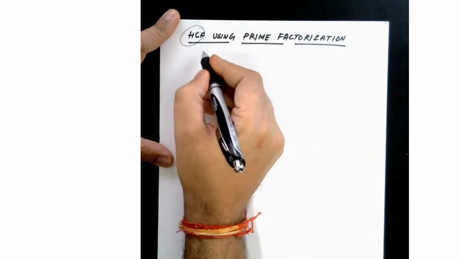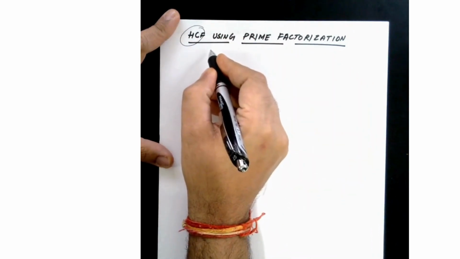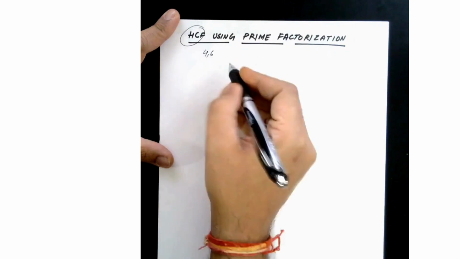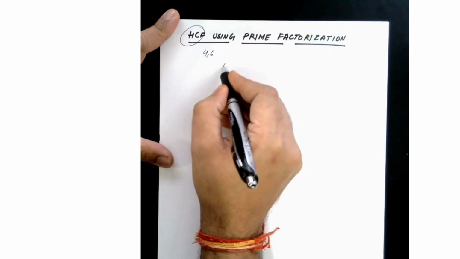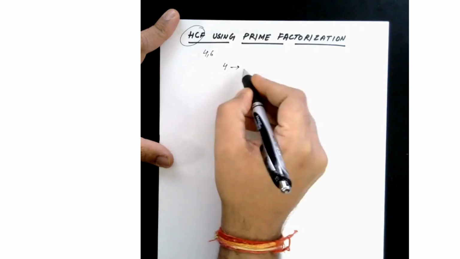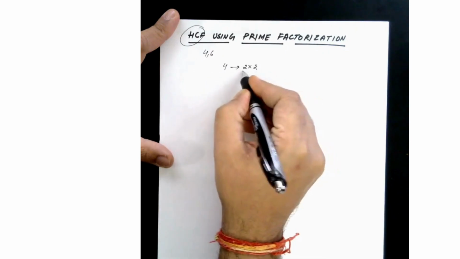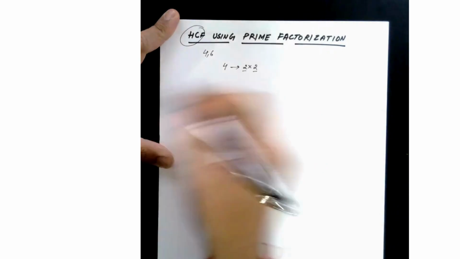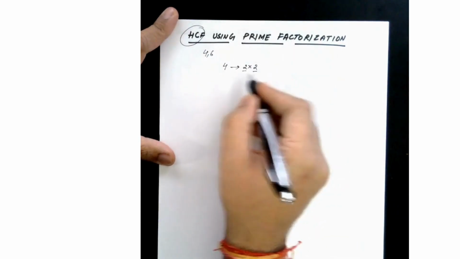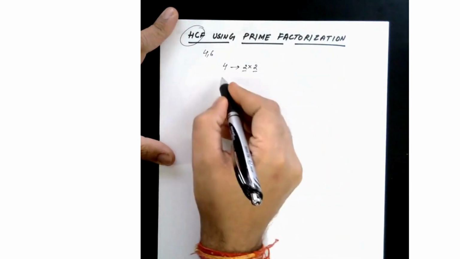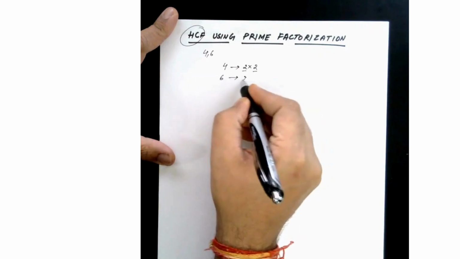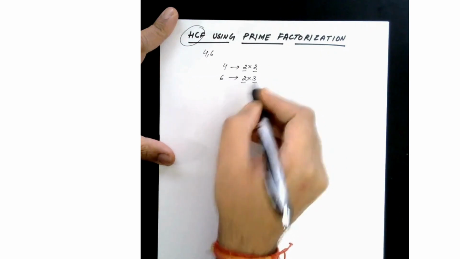So let's take two numbers, 4 and 6. Here we will find the prime factors of 4, which can be written as 2 into 2. So both are now prime numbers, there's no composite number left, so we will stop here. And for 6 we can write it as 2 into 3, so both are prime numbers.